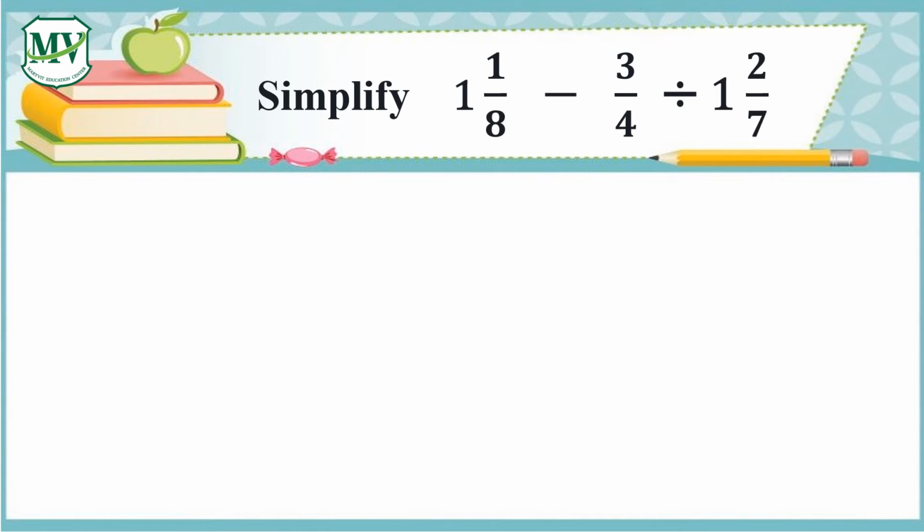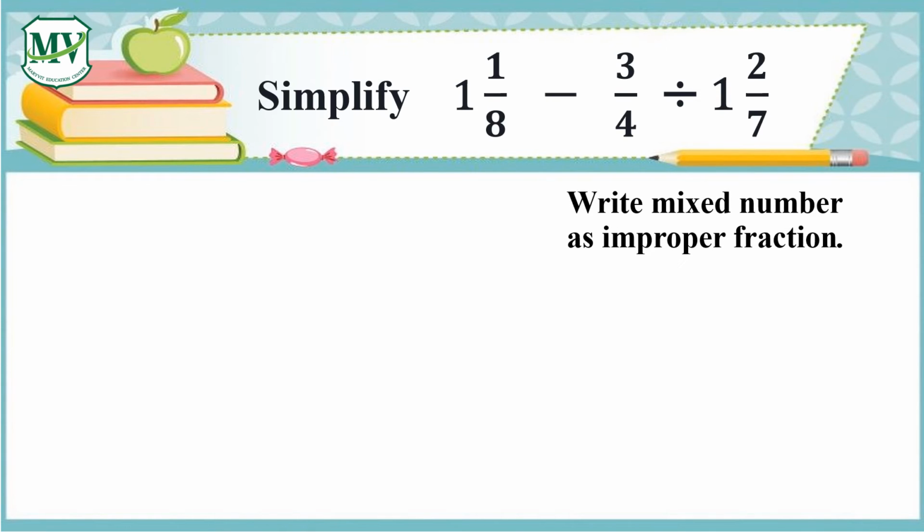In this example, what do you think is our first step? Great thinking! We need to write mixed numbers as improper fractions. In this example, we have two mixed numbers here, 1 and 1 over 8 and 1 and 2 over 7.